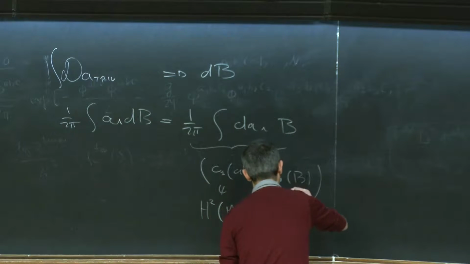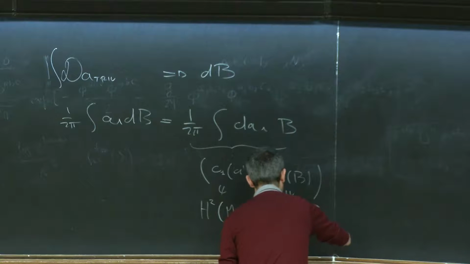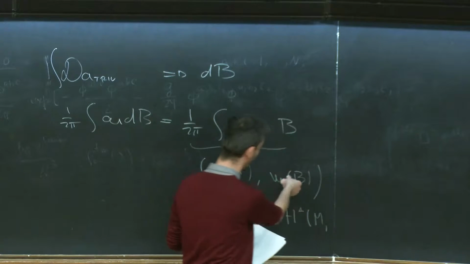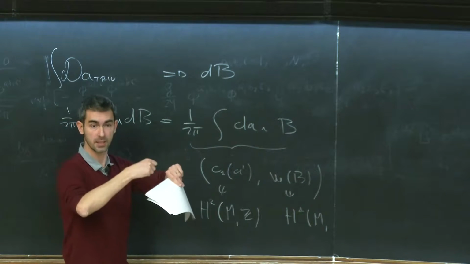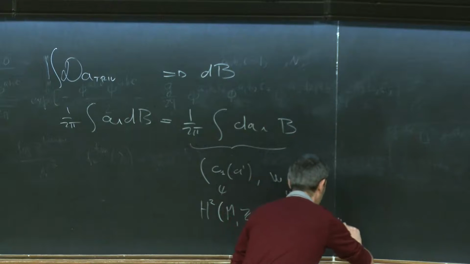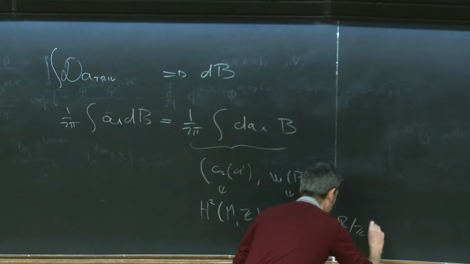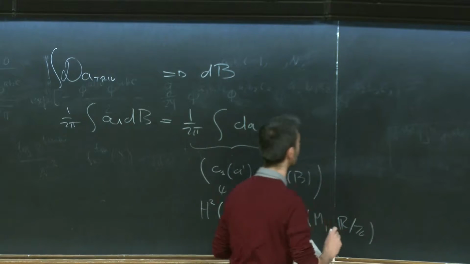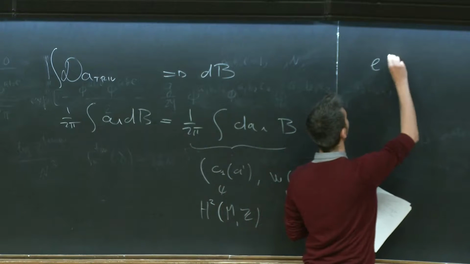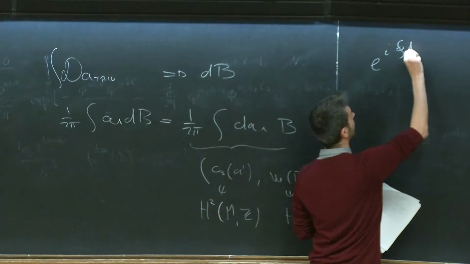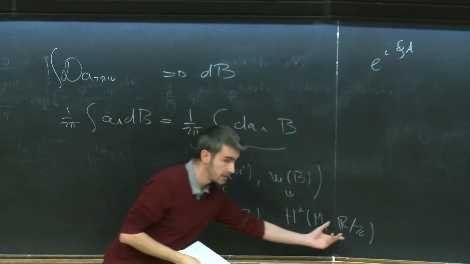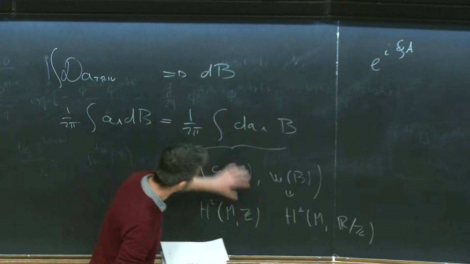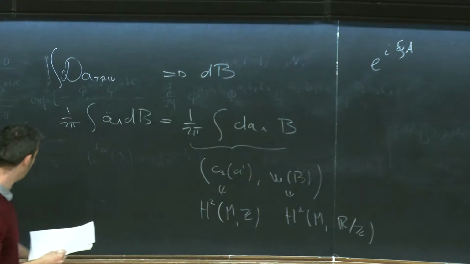And these Wilson lines are elements of H1. But these Wilson lines are holonomies, and so for U(1) they only take values on the circle. Essentially the holonomy is this object here, and this object is a phase, so this is in U(1). And this object is a natural pairing between these two objects here.